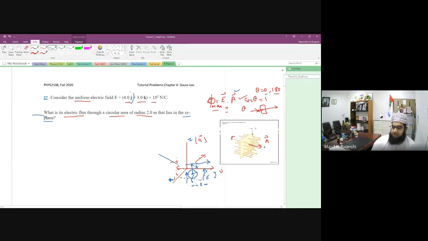So this part is important for us because it can give us the result. But in the J direction, because theta between E and A is equal to 90, we will not take this part of the electric field.